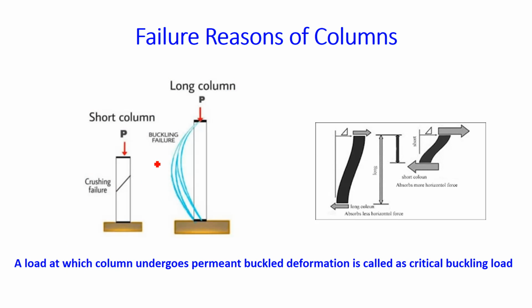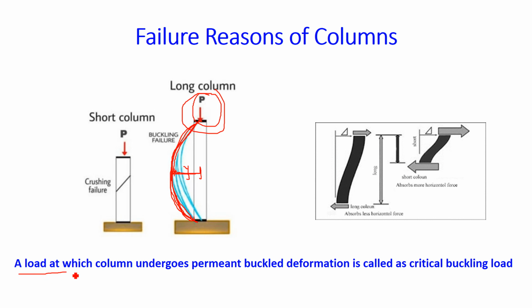Buckling means the axial load acting on the column subjects it to lateral deflection. This is the center line if you consider. Because of this load, the column is subjected to this lateral deflection and this shape is called the buckling shape or buckled shape. When the column undergoes permanent buckling deformation, the load at which the column undergoes the permanent buckling deformation is called the critical buckling load.